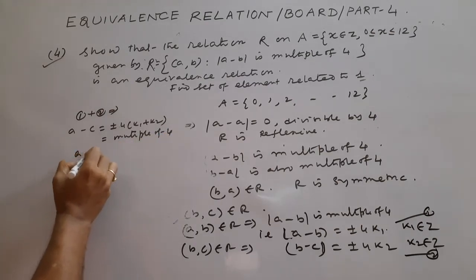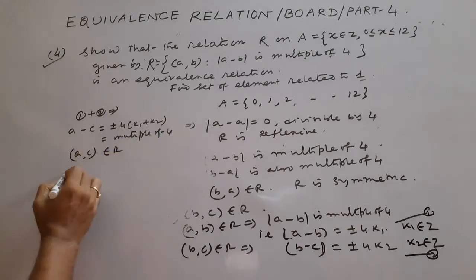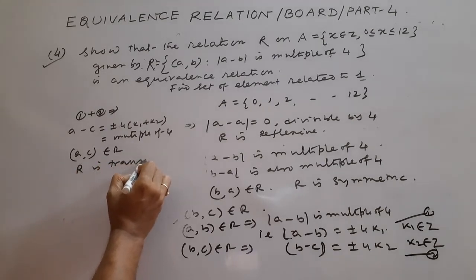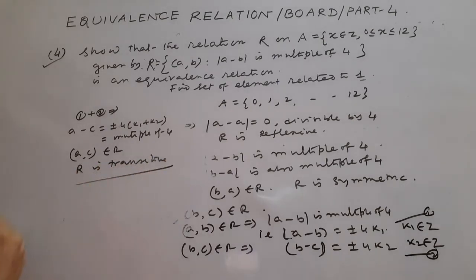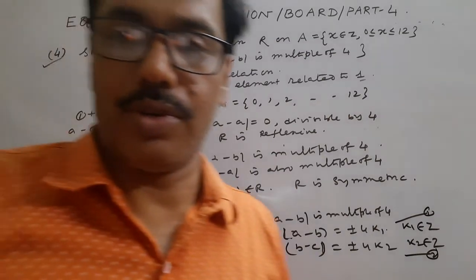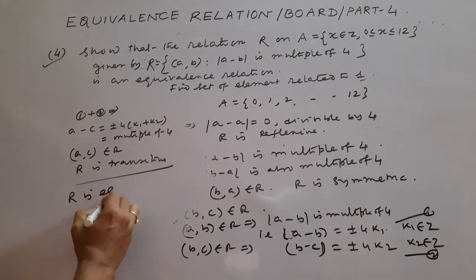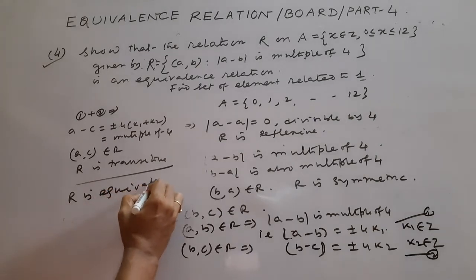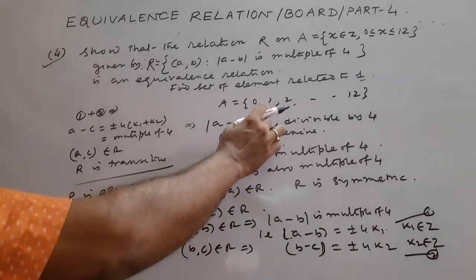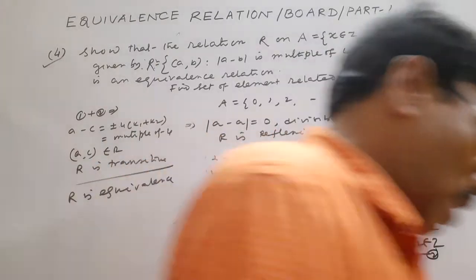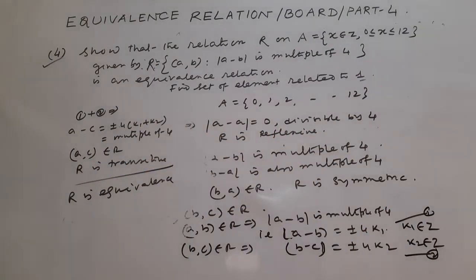So AC belongs to R. So R is transitive. So R is an equivalence because it is symmetric, reflexive and transitive. Up to this is very simple.